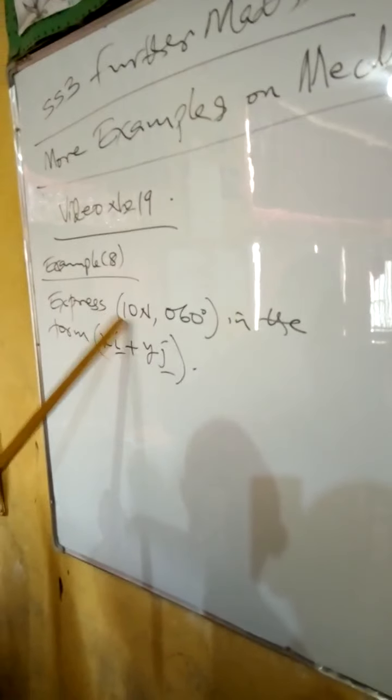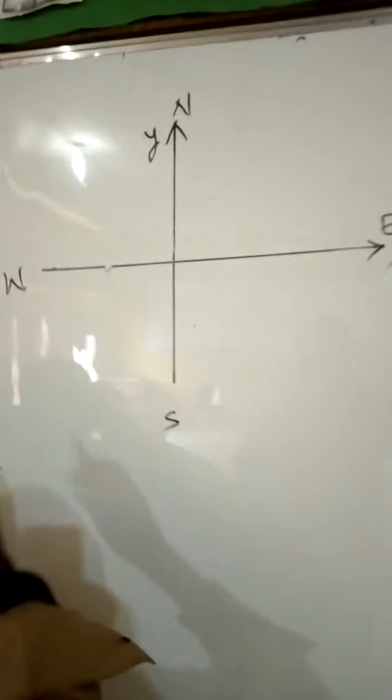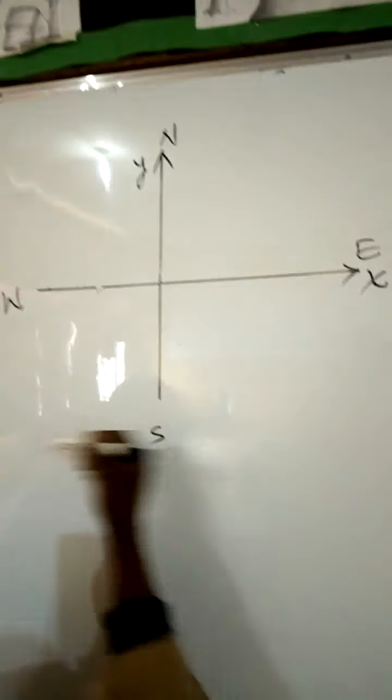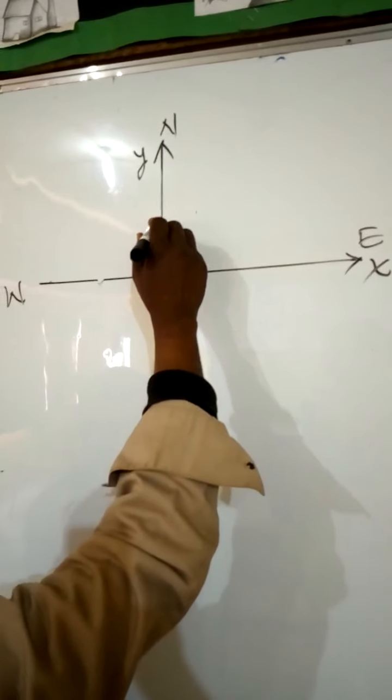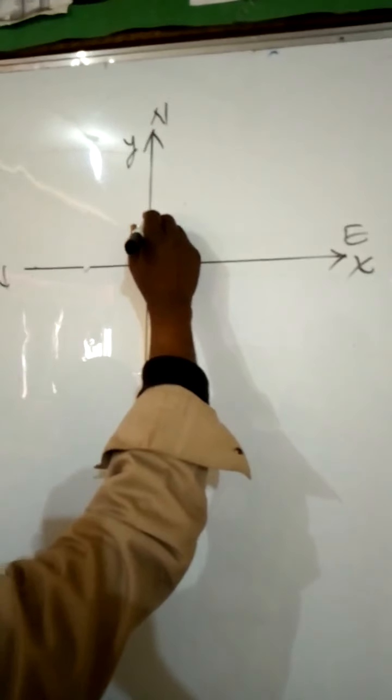Now, the first thing we have to do is to locate this very first 10 Newton. As usual, the directions of all vector quantities are measured from the north, clockwise. So we measure 60 degrees from the north, clockwise.